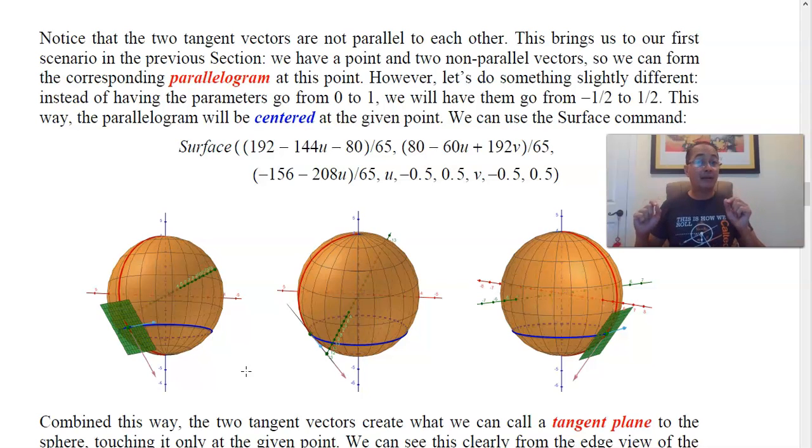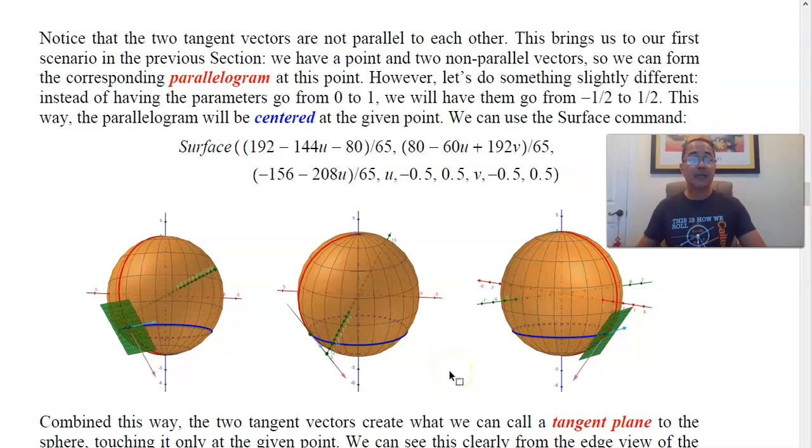You can create a parallelogram with those two vectors anchored at that point, and we know how to do it using the surface command. Okay, so we get what is called a tangent plane to the sphere at that point.